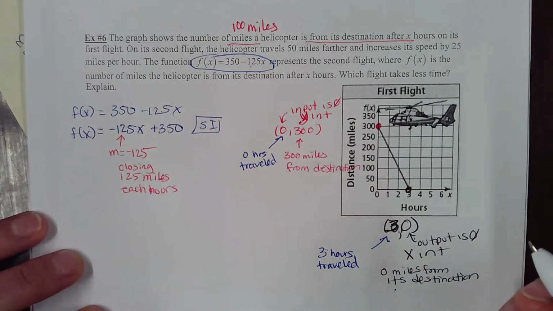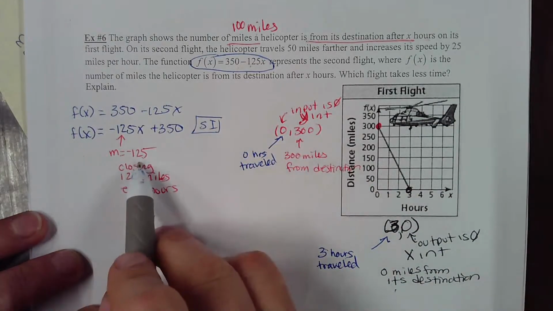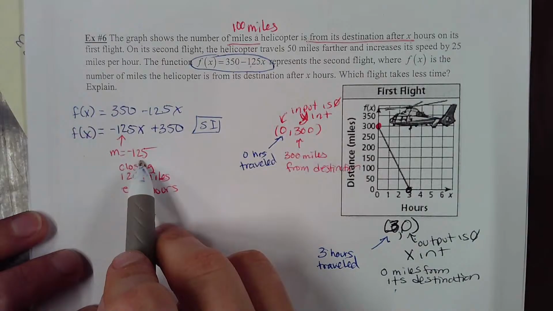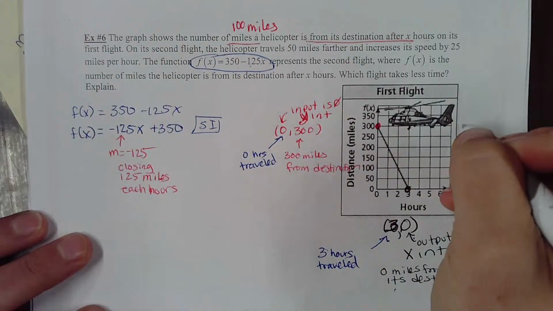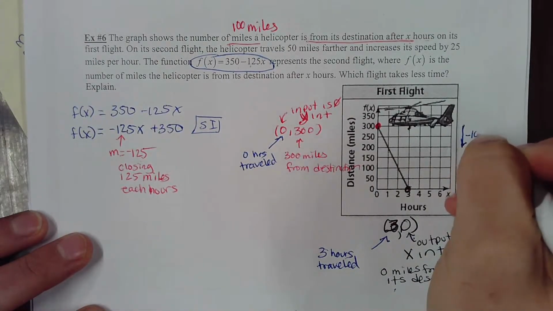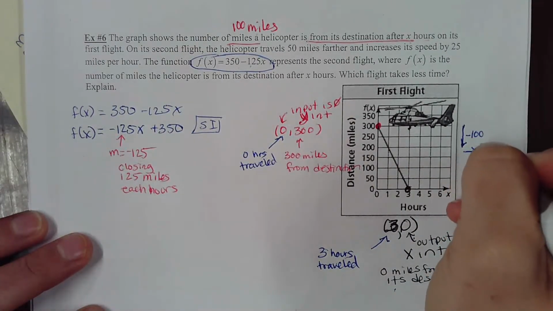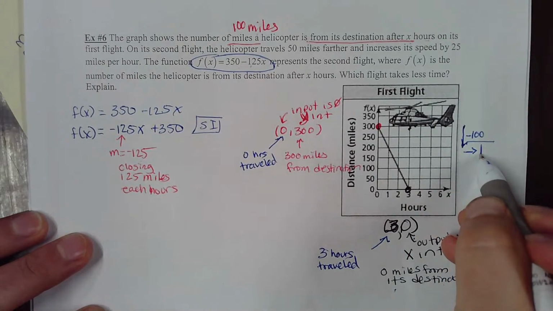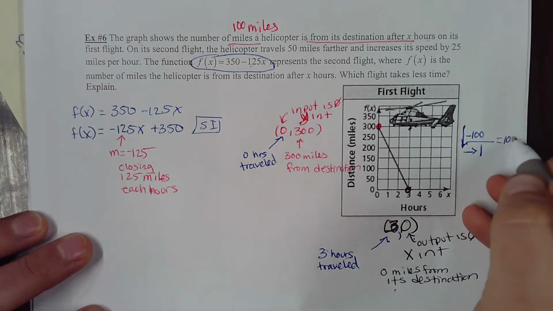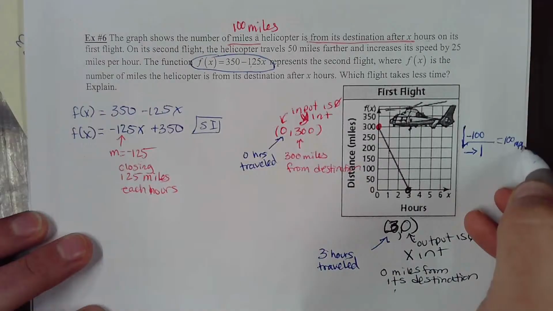Originally, he was only traveling how fast? If this is 25 miles per hour faster, how fast was he traveling before? Down 100 miles for every 1 hour. That's 100 miles per hour.